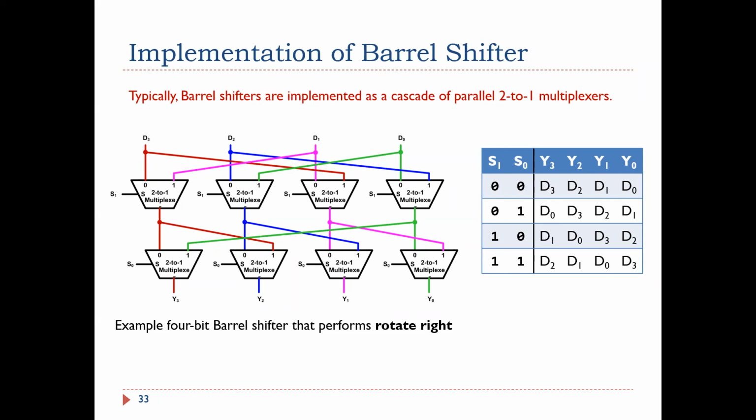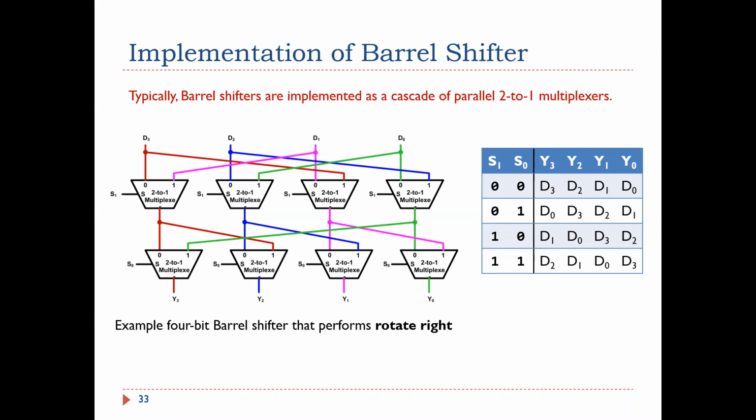Every instruction requires a set of circuitry to be added to the processor to make sure that operation works. The circuitry that you are going to see right now is a logical implementation of the barrel shifter only for rotate right.